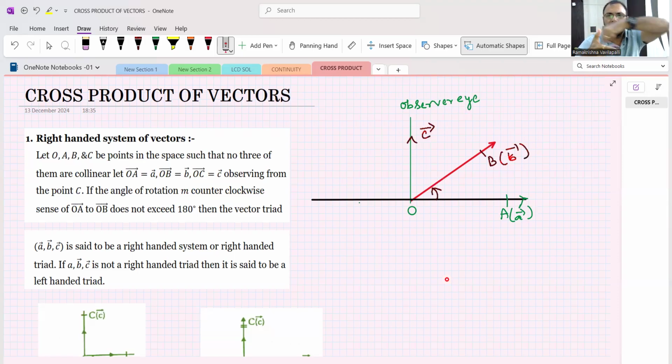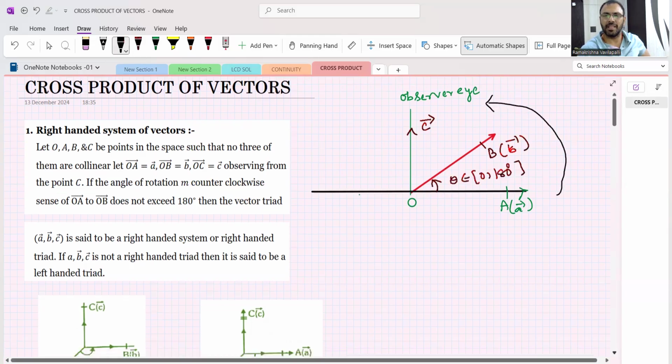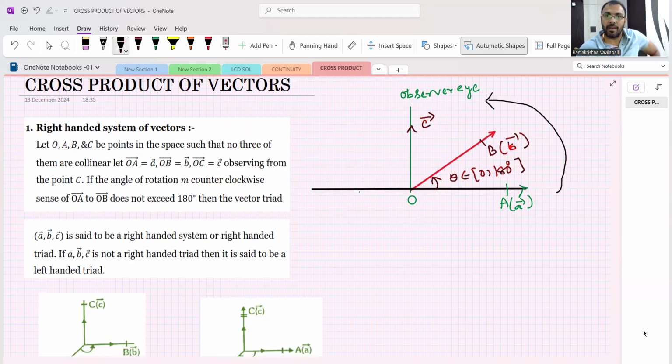This belongs to 0 to 180 degrees in the anti-clockwise direction. Then we say that A bar, B bar, C bar form a right-handed system of vectors.